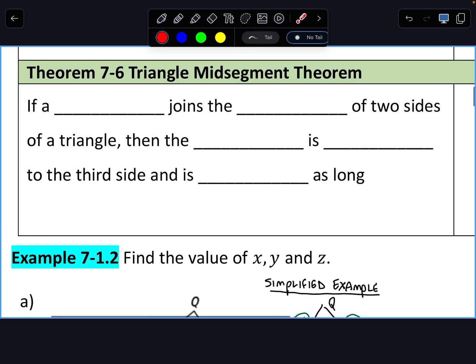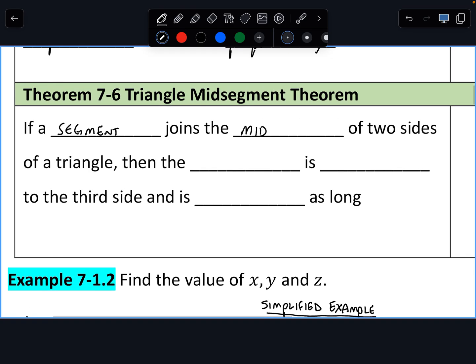Now a mid-segment joins the midpoints of two sides. So this is going to say, if a segment joins the midpoints of two sides of a triangle, then the segment is parallel to the third side, and that's important because the parallel part is what creates the proportions.